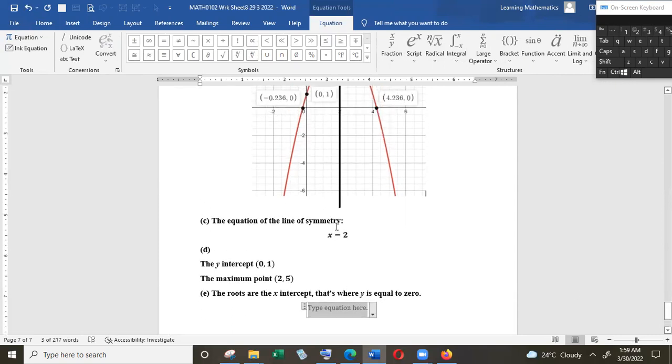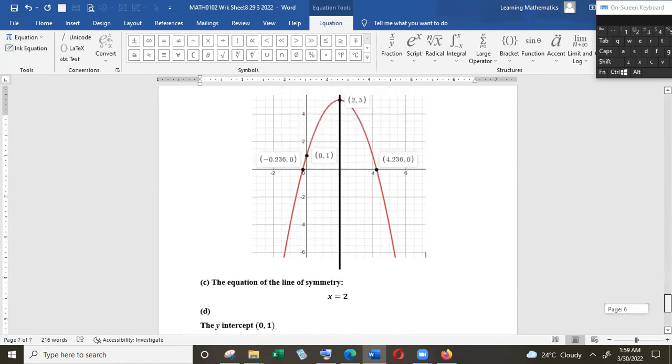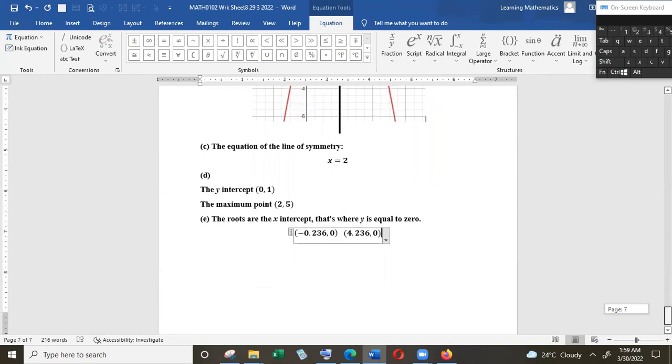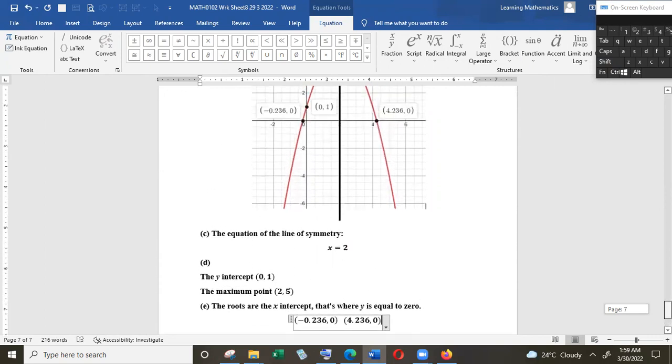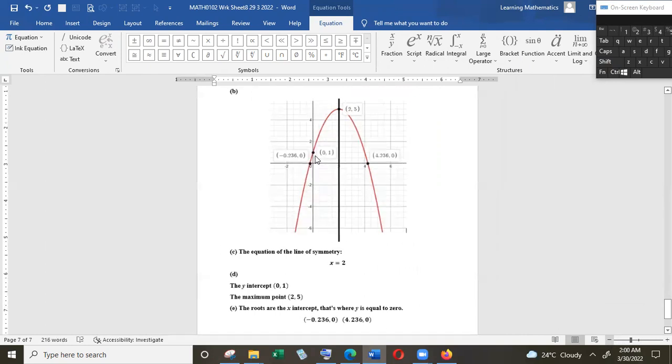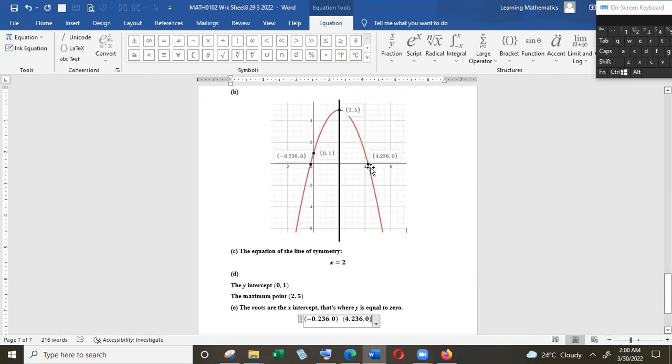Minus 0.236, 0, and the other one is 4.236, 0. Okay, so these are the 2 roots of this quadratic. This parabolic shape. Y-intercept, maximum point, and the 2 roots.